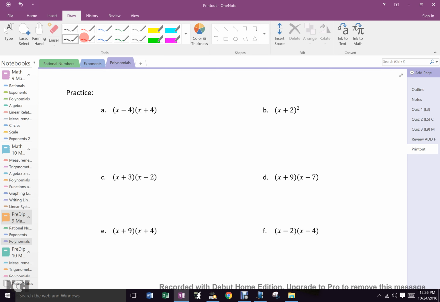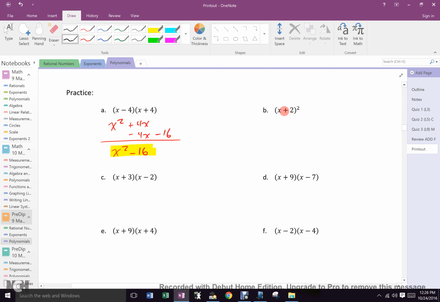Would anybody like to volunteer their work there? x squared plus 4x minus 4x minus 16. x squared minus 16. Everybody good? Great.